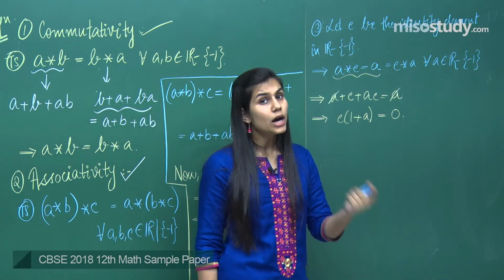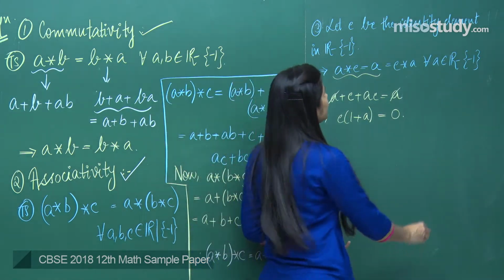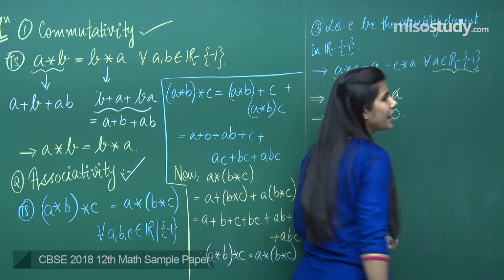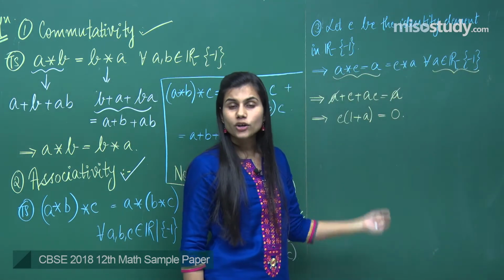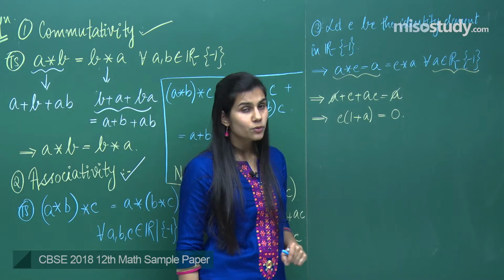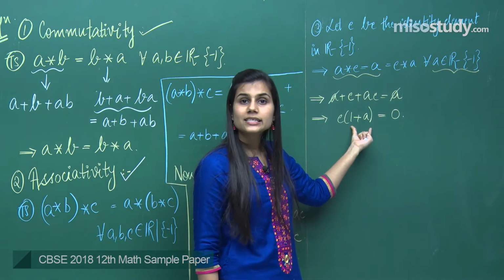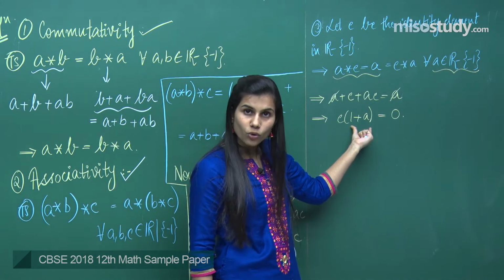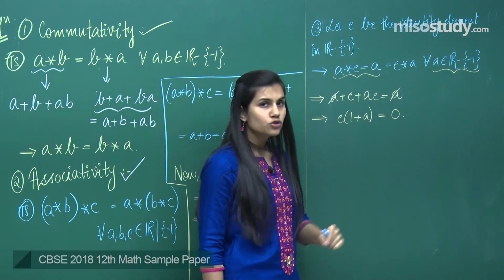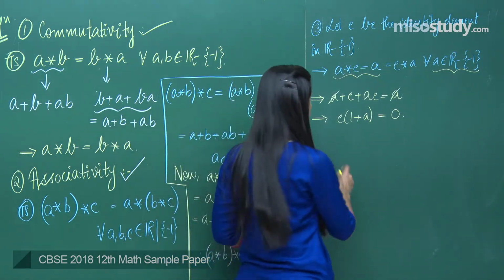But A is not allowed to be minus 1 because A is coming from R minus 1. So A cannot assume the value minus 1. That means 1 plus A is never 0. Therefore, for this product to be 0, E has to be 0.